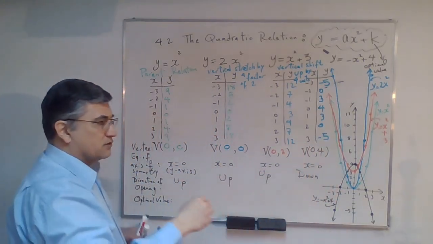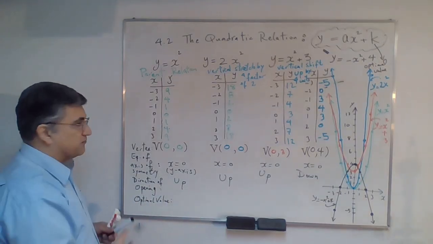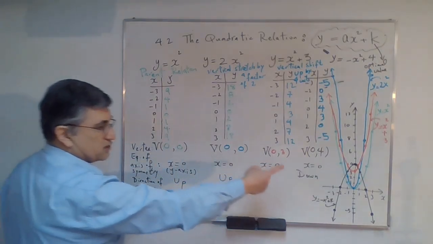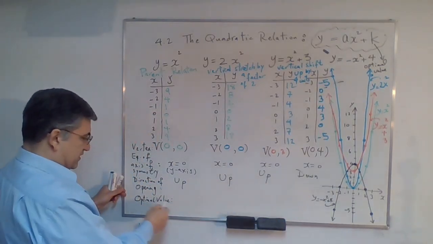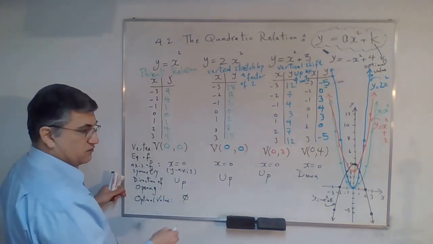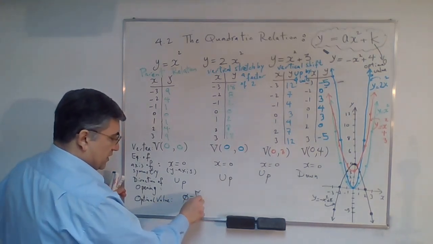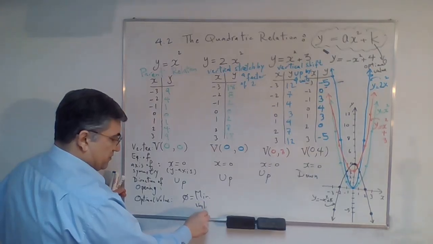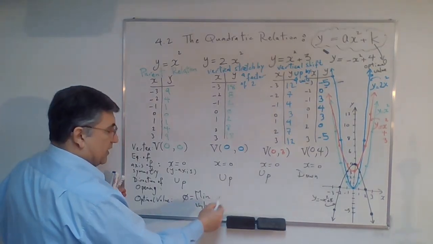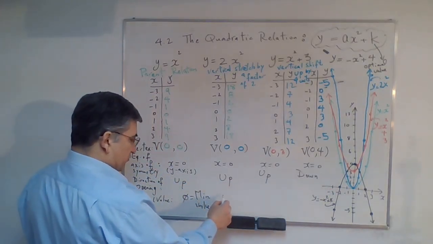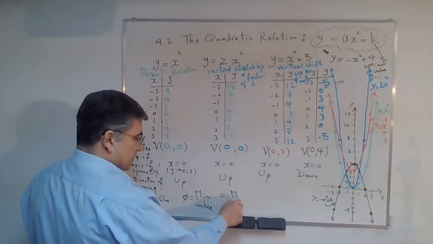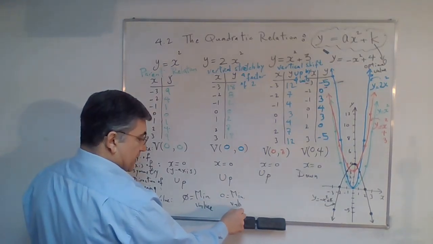Maximum, minimum values, generally speaking, are known as optimal values. So for the first green parabola, the y-coordinate of the vertex was 0, so I'll say the optimal value was 0. In fact, it was a minimum value, to be specific. For the second parabola, the blue one, optimal value was still 0. It was, again, a minimum value.